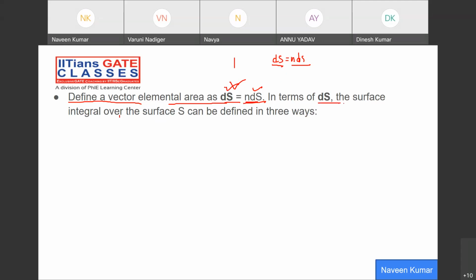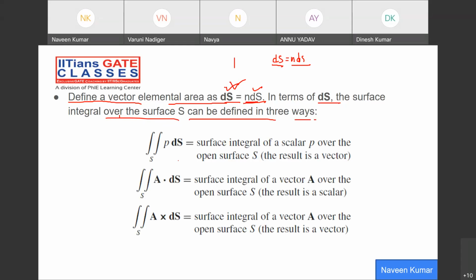In terms of ds, the surface integral over the surface S can be defined in three ways. For a scalar P over the open surface S, you can define it in this way.